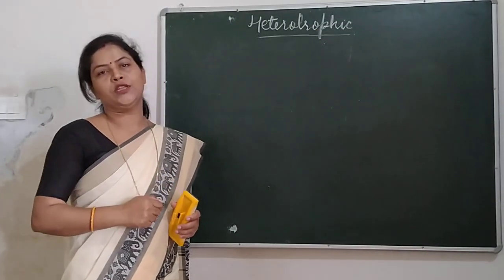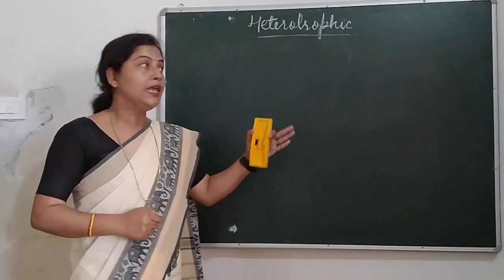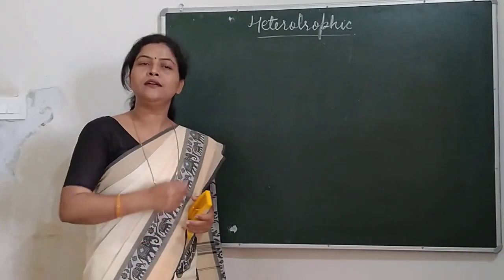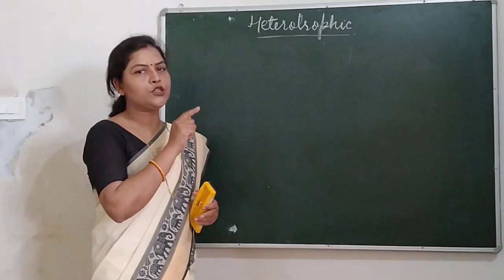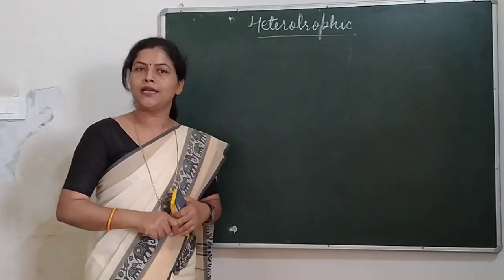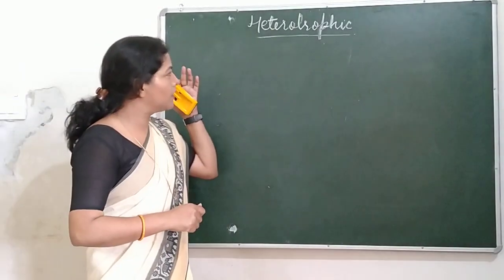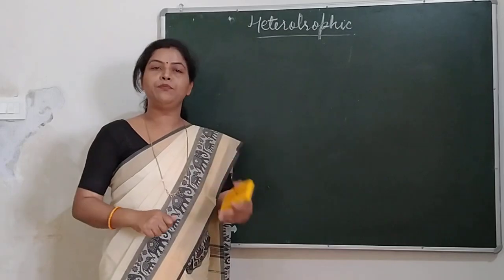So this is what is known as heterotrophic mode of nutrition. In one of my videos I had explained holozoic nutrition. But today I am going to make you understand about different types of heterotrophic mode of nutrition in non-green plants.